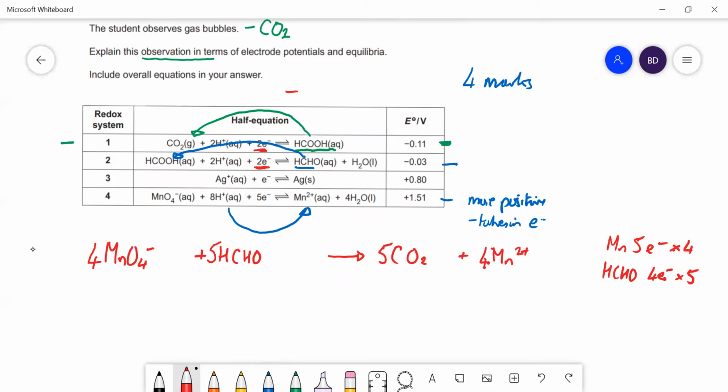And now let's just check our oxygens first of all. We're going to have some waters and some H pluses. Let's see where they go. So on the left-hand side of the equation, let's see how many oxygens we've got. We've got 16, 4 times 4, 16 oxygens plus 5 there. That makes 21.